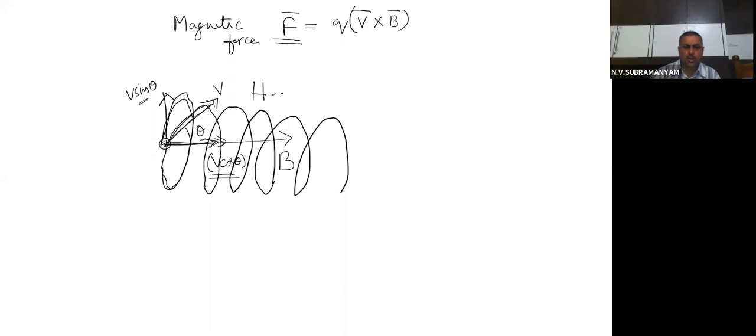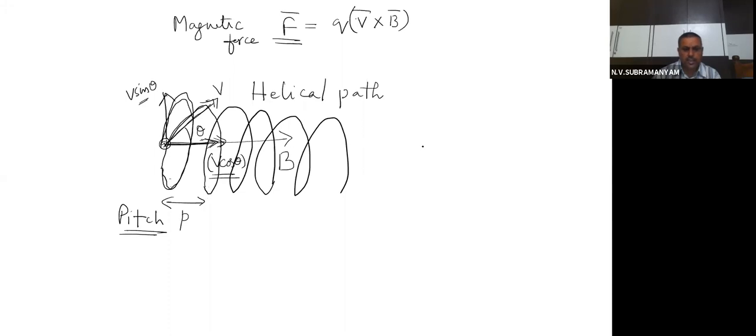This path is called a helical path, such that the distance between successive circular turns is called the pitch.